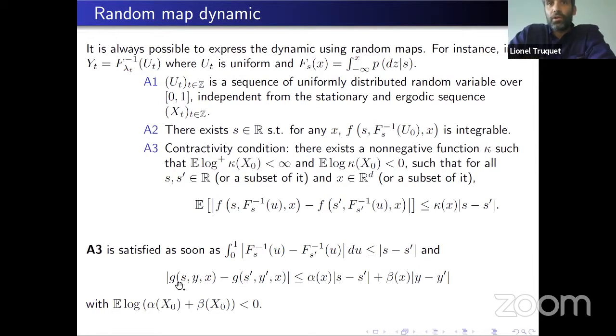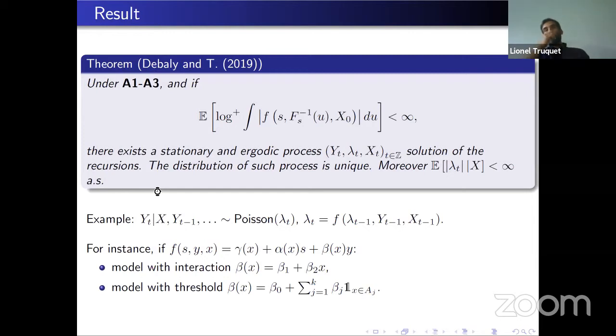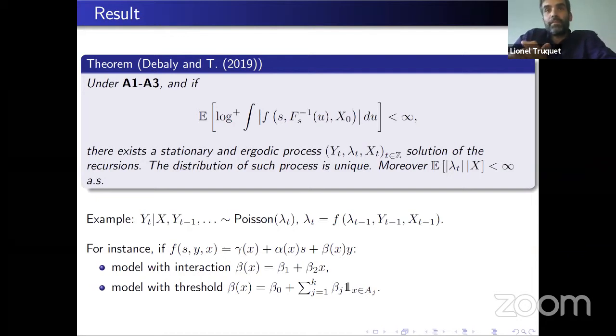I think it's not G here, it's F, so it's a mistake. Still with this Lyapunov condition, but now on the sum of alpha and beta. If you have this, and under an additional log moment condition, which is not very restrictive, there exists a stationary and ergodic solution for this recursion, and the distribution of such a process is unique.